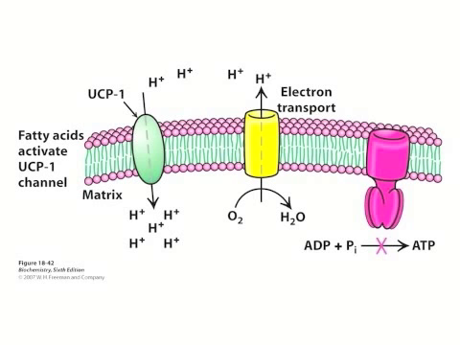Now, instead of all this energy that's being released by releasing the proton motive force being used to make ATP, this energy is used to make heat, and this is reflected in UCP1's other name, thermogenin. Thermo is heat, and genin is to make. Thermogenin is an important component of brown fat.